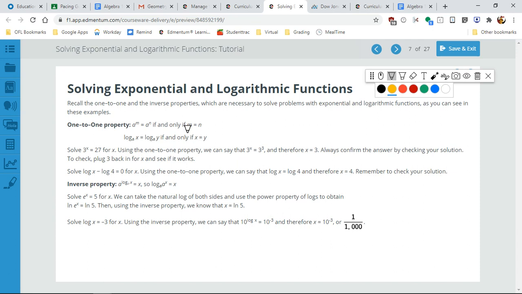This is A, this is A. Do we really need to write down log base A of A to the M and log base A of A to the N just to say M equals N? No. Do we really need to base both of these with the inverse property? No. It's basically doing the inverse property but saying, we already know it's the same. Do we really want to do the inverse for it?